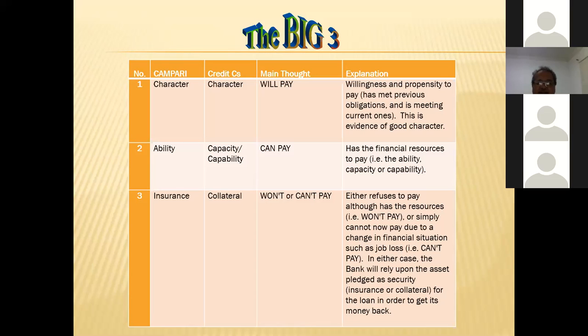The midterm had this question, and we understood the fact that we discussed ability, but not to this extent. We understood the difference between will pay, won't pay, or can pay, but not categorized or explained to that extent.